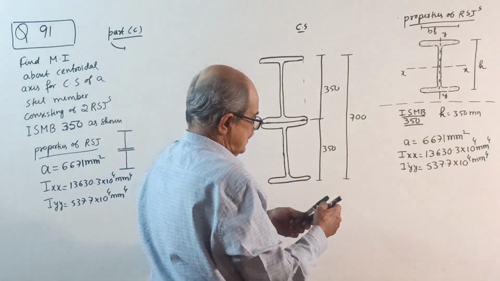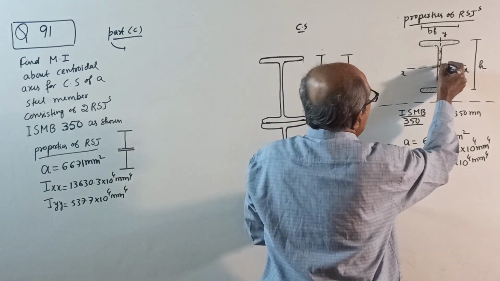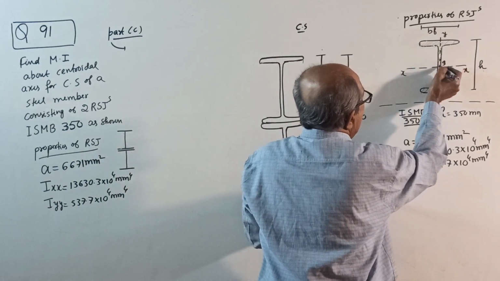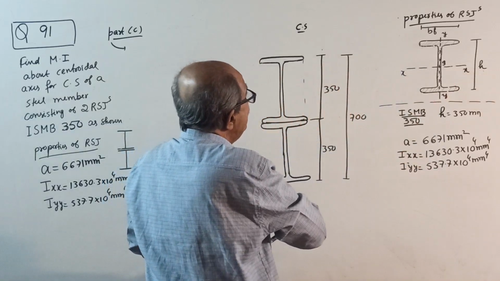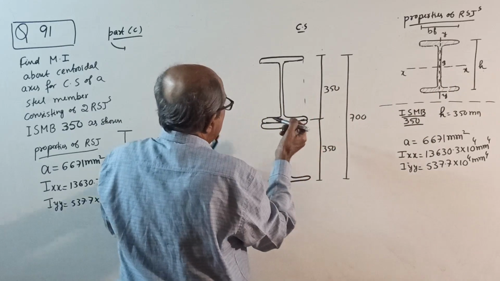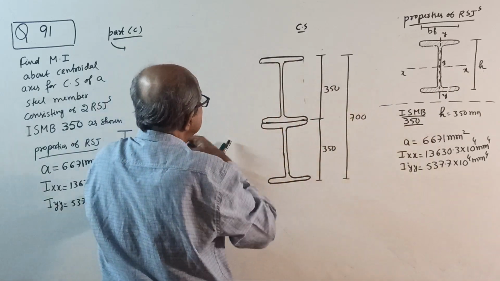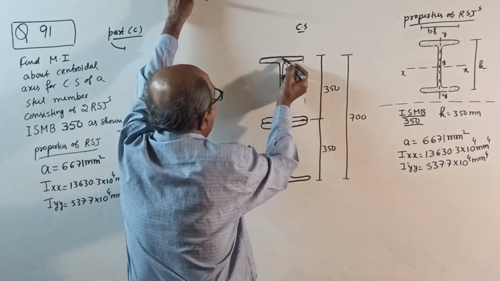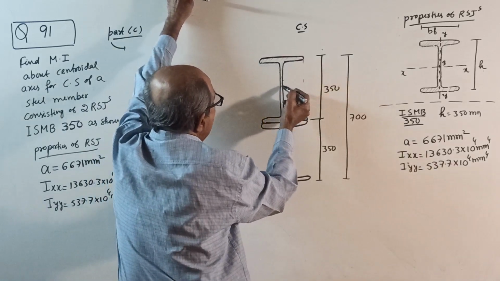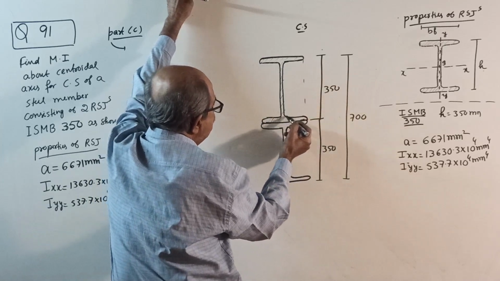Now make a note. This is the centroid G for the I section, somewhere here. What you do is divide into two parts. This entire I section you take as one unit, as I told repeatedly.